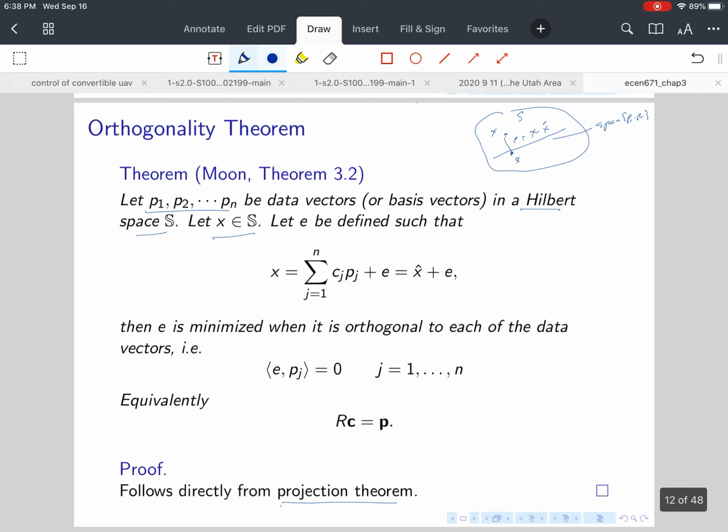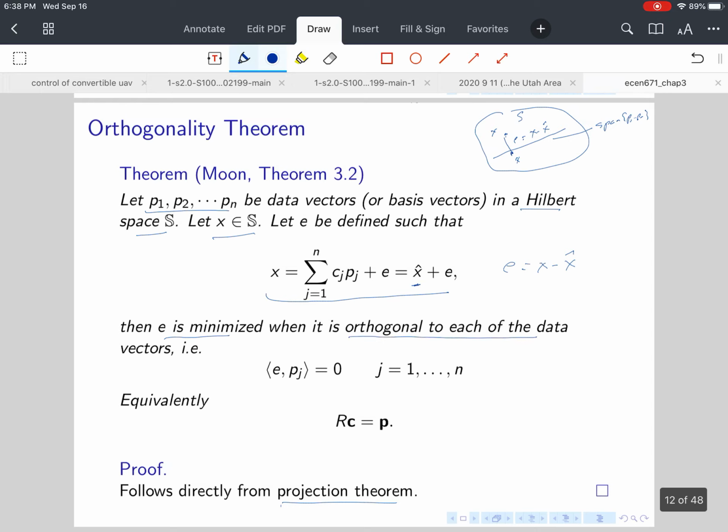So we're solving an optimization problem. So let X be in S, and let E be defined as the error vector between X hat and X. In other words, E is equal to X minus X hat.